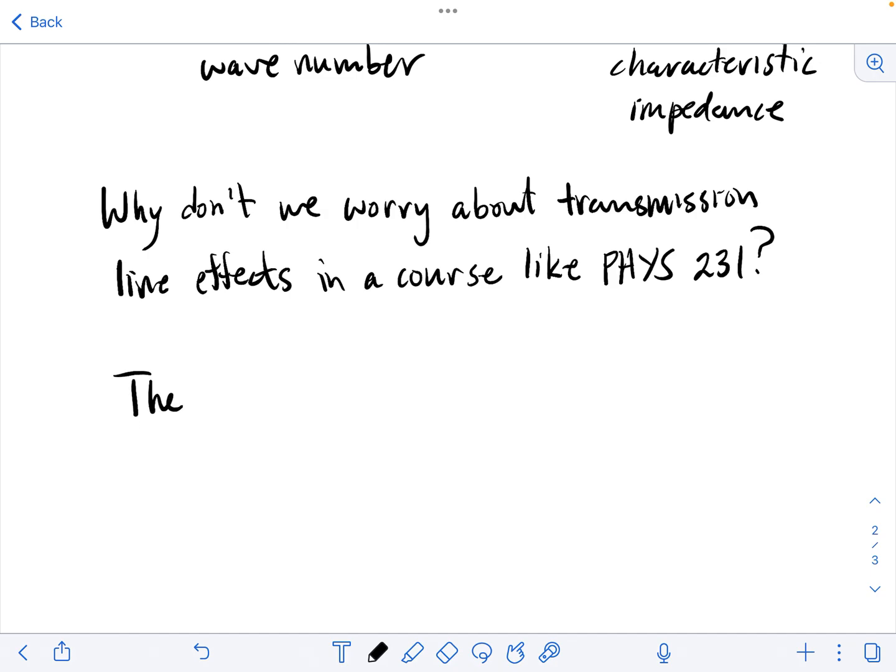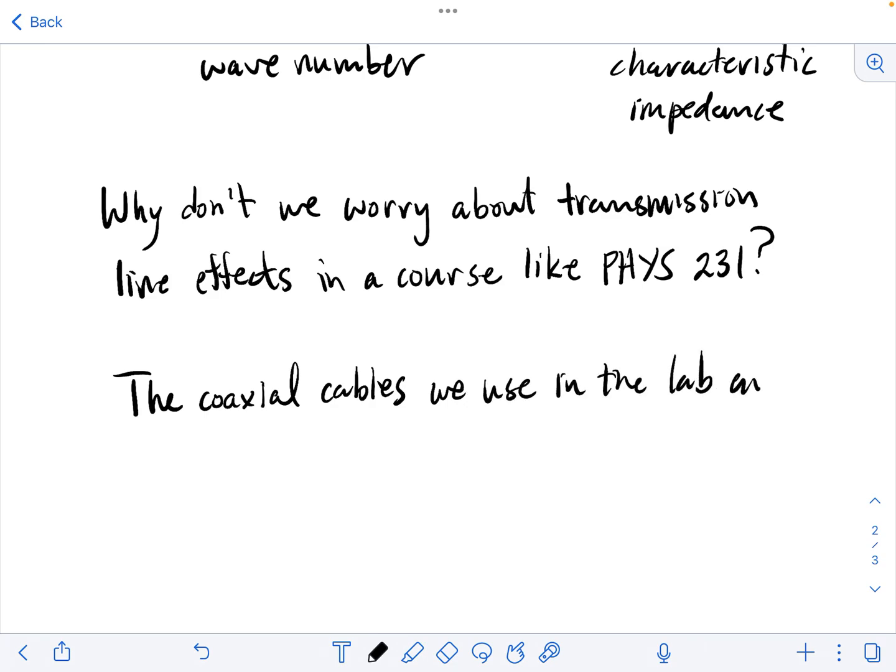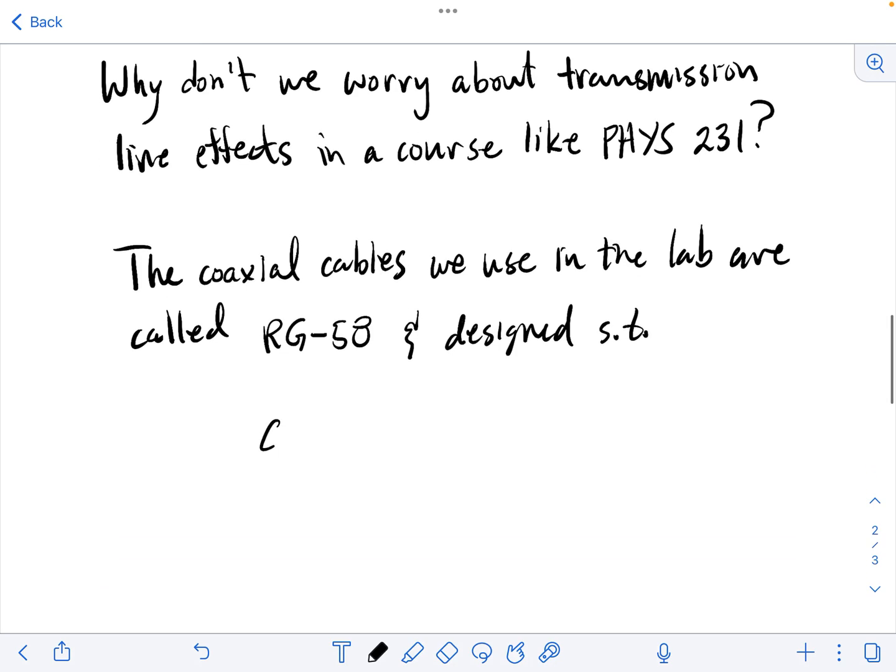So the coaxial cables we use in the lab are called RG58, and they're designed such that the capacitance per unit length is about 80 picofarads per meter, and the inductance per unit length is about 0.20 microhenries per meter.